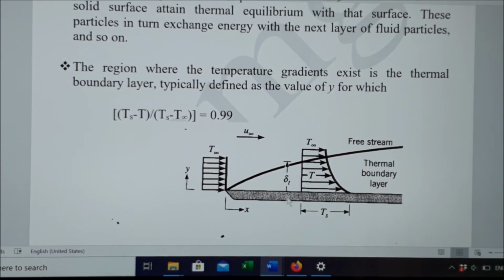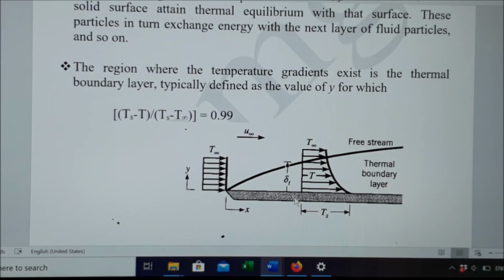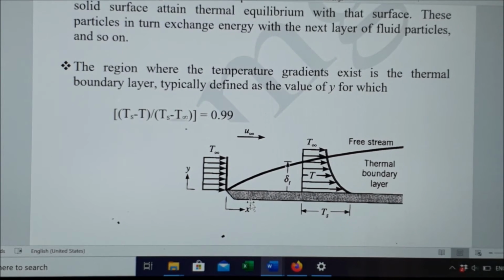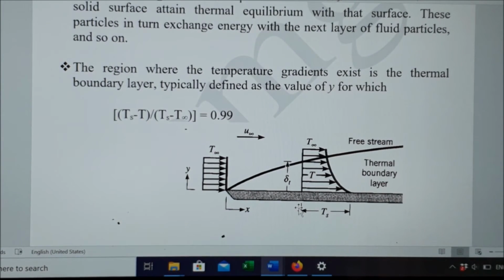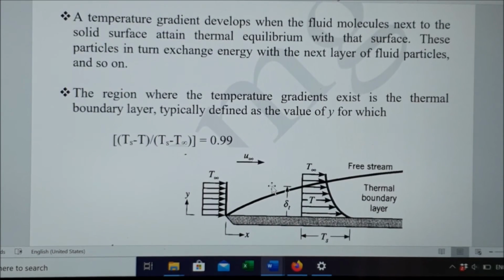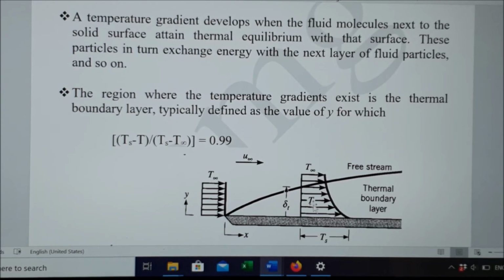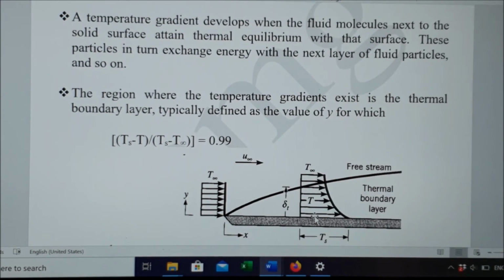Assuming this is at Ts, a constant isothermal temperature on the solid wall, and you have an approaching fluid at T infinity. In this example, let's say Ts is much higher than T infinity, and you would expect heat transfer from the surface to the fluid. So you have a temperature gradient, which is heat transfer from the molecules next to the solid to the neighboring fluid layer.